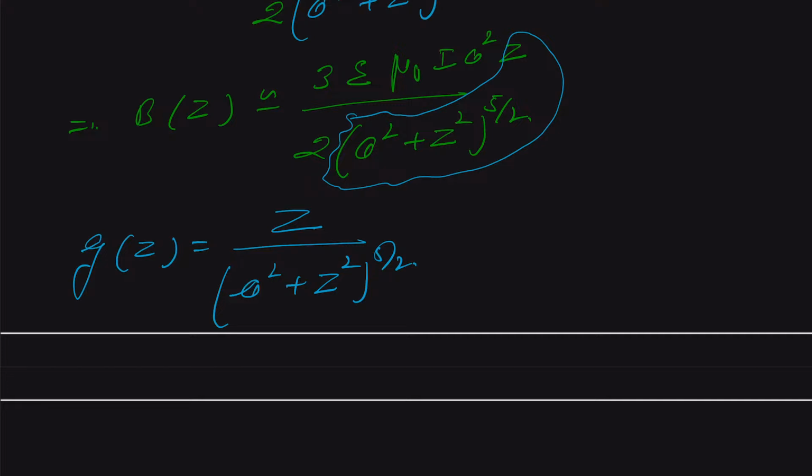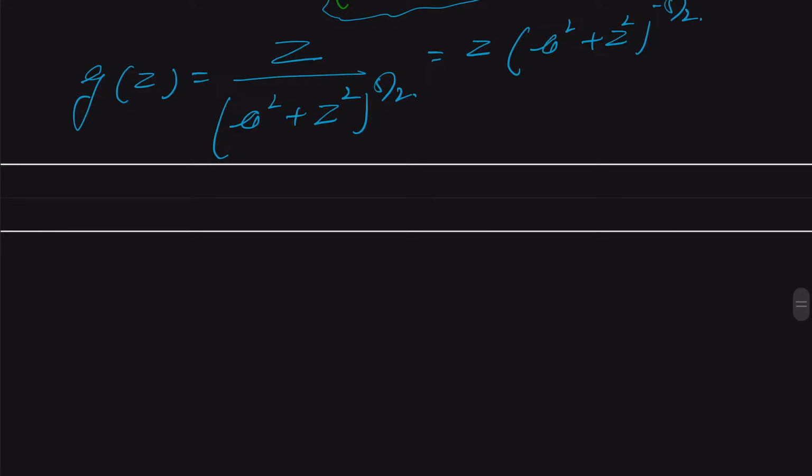So let me rewrite it: this will be z times (a² + z²)^(−5/2). And let's find its derivative and equate it to 0.